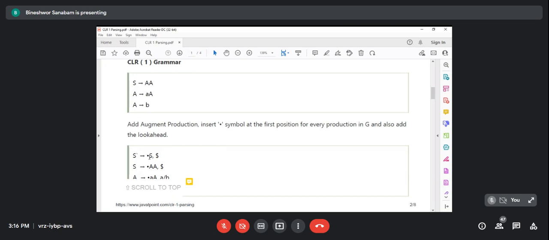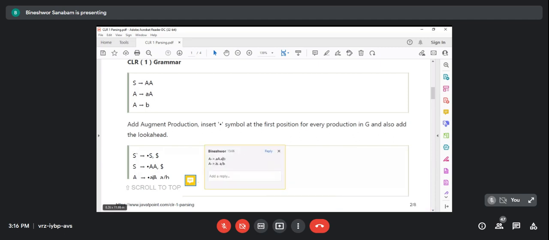Then whenever we have this dot in front of a non-terminal, we have to include the next production as well. So S implies dot AA, then again here also dollar. Okay, so the next is going to be this.